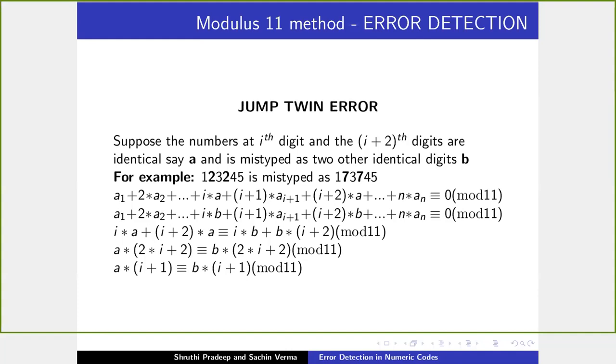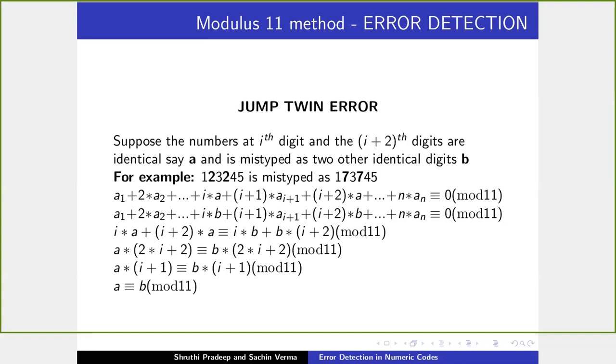So now you have i plus 1 times A. Here, if you notice, i plus 1 would be maximum how much? Since I'm talking about 3 numbers, and now I'm fixing the length for the jump twin error. If it has to detect all jump twin errors, I have to fix the length of the code word.